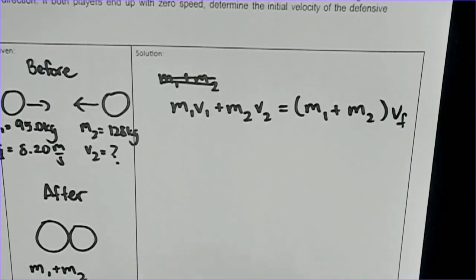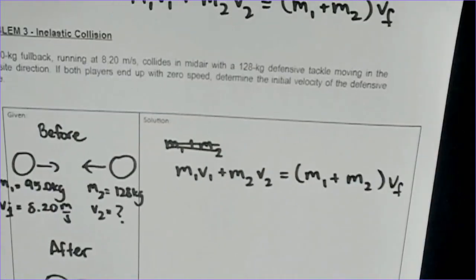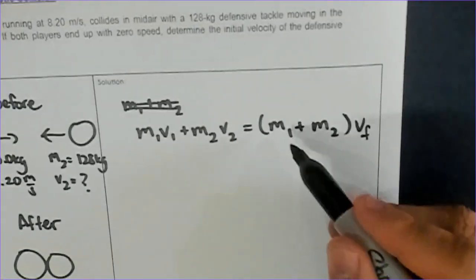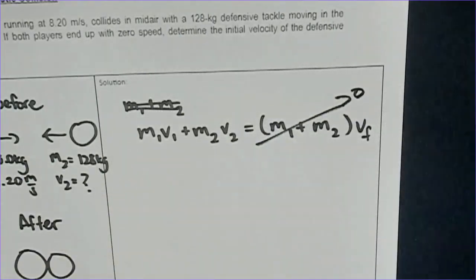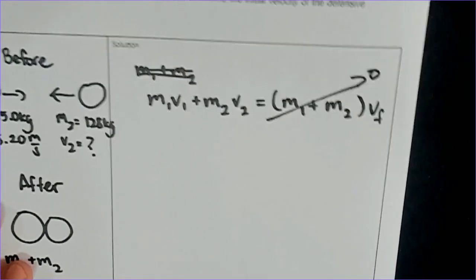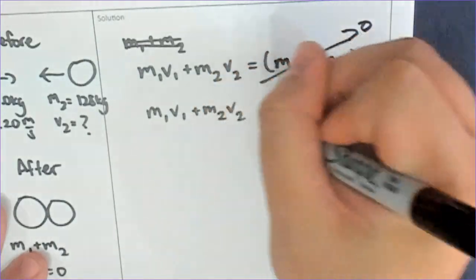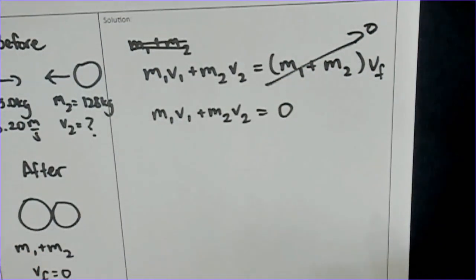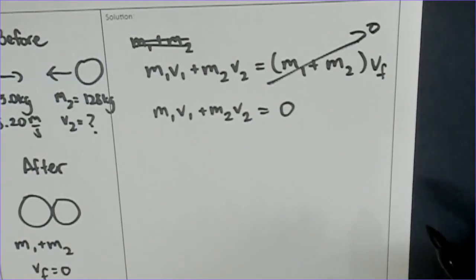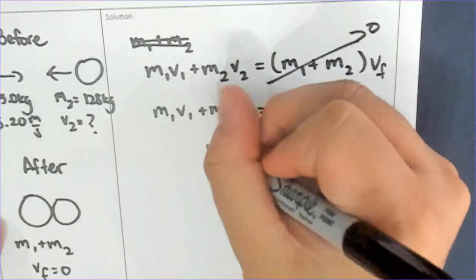But you know that Vf is equal to 0. We've defined it to be 0, and therefore this entire right side of the equation cancels out. So you're just left with M1 V1 plus M2 V2 is equal to 0. Now we can tinker with this equation to get V2.